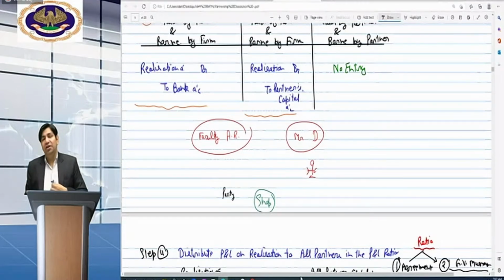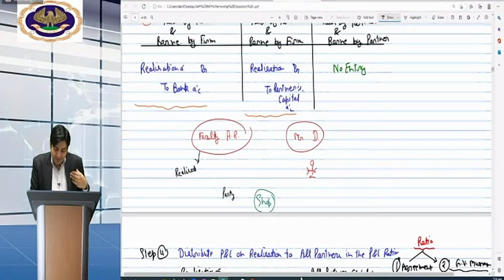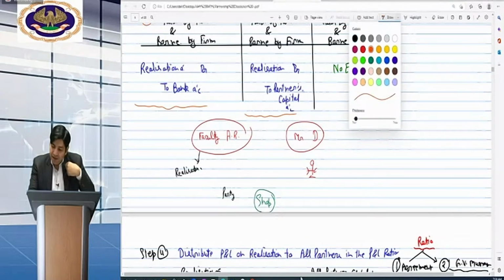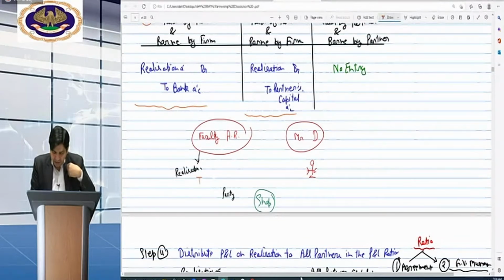Now the question is, who is to bear the expense of the party? If it is an expense of mine, definitely mine, then I will debit my profit and loss, my firm's relation account. Okay, beta. And if it was paid by me, then I will credit bank.